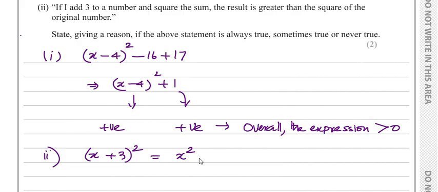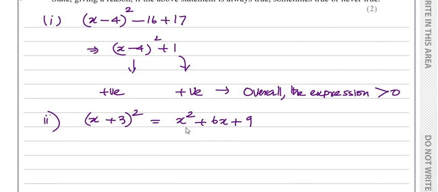I'll get x squared plus 6x plus 9. So in most occasions, this must be greater than x squared. So can we figure out when this will not be true? Because this is something added to x squared, so it will be greater than the original square.